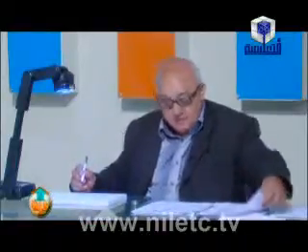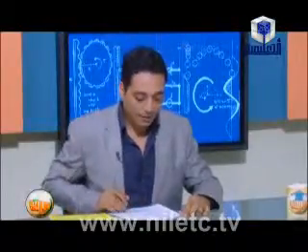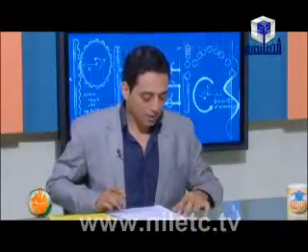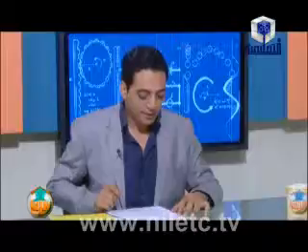Another one says, if the square of the speed of the propagated wave in a string is given by the relation v squared equals 16 times 10 squared over 1 times 10 power -2 meter squared per second squared.